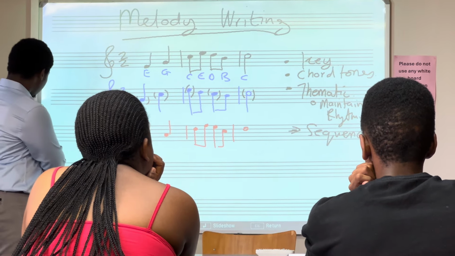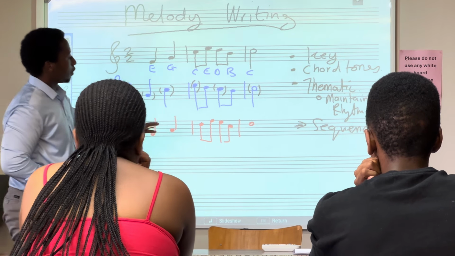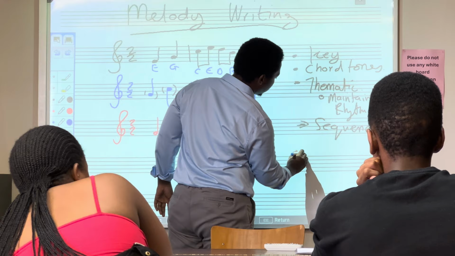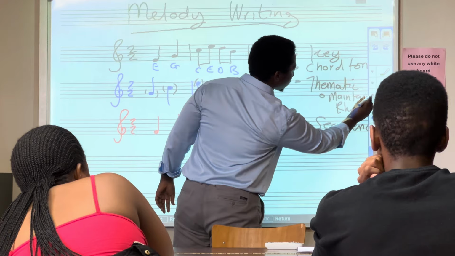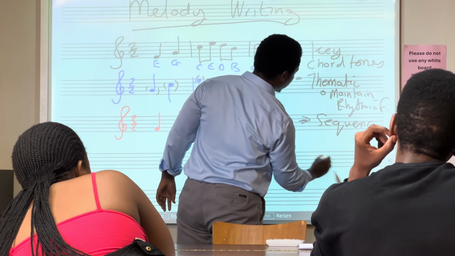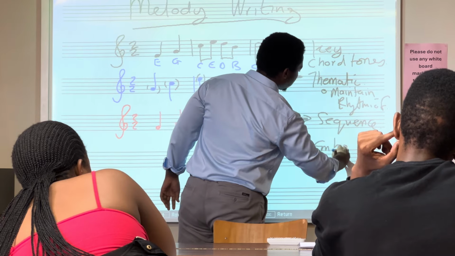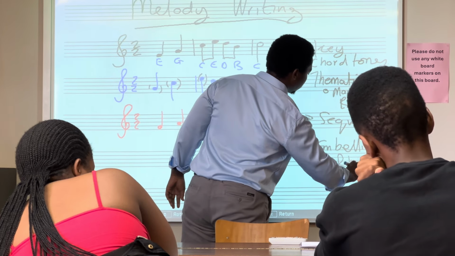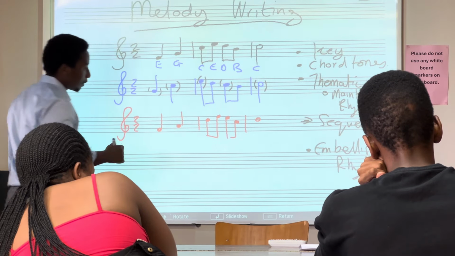Then the last part that you can do is alter the rhythm. You don't have to maintain the same thing. So you can embellish the rhythm within the same context.